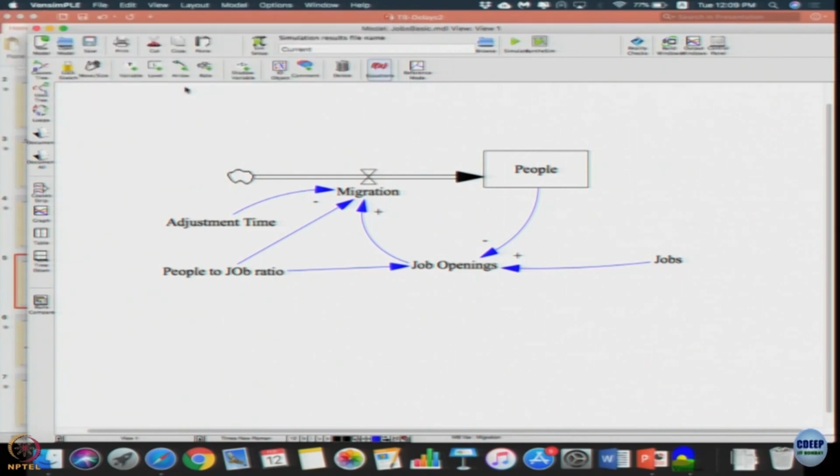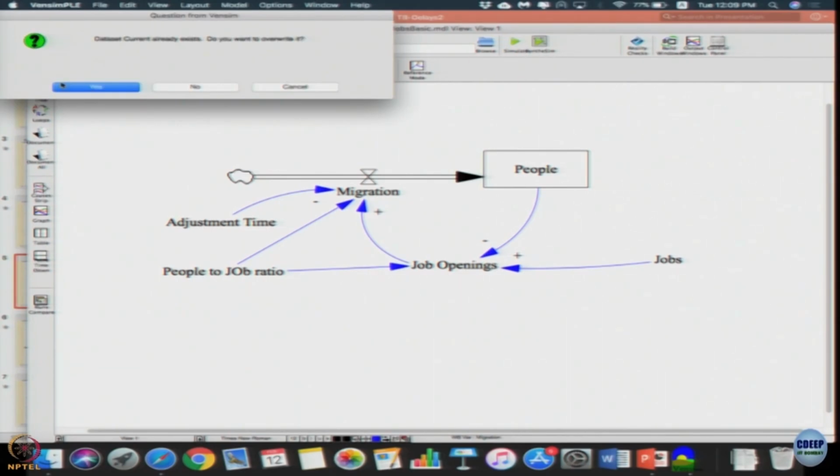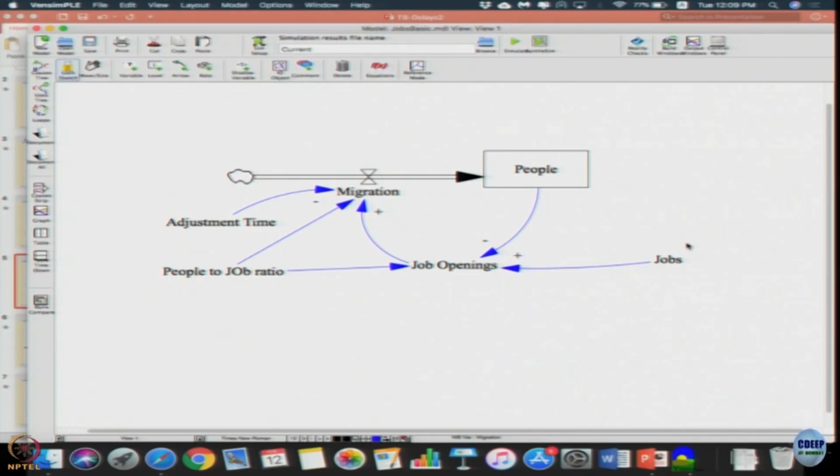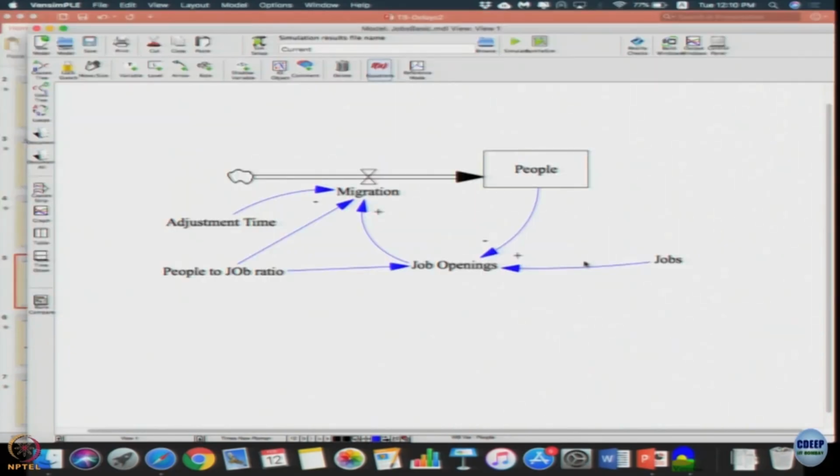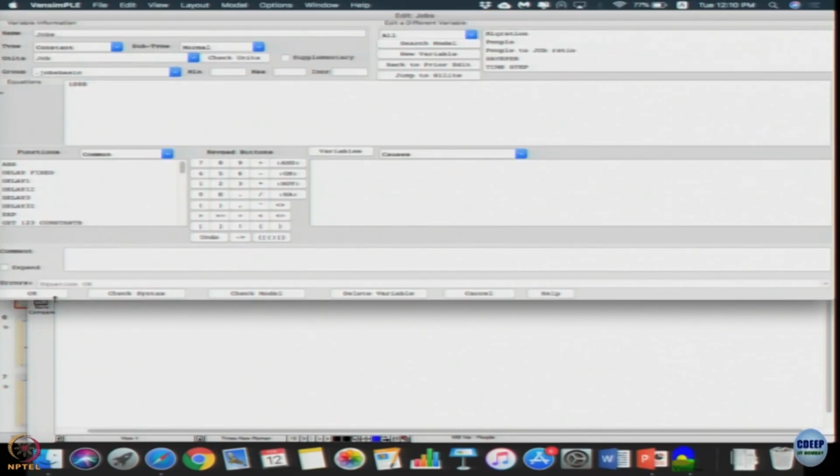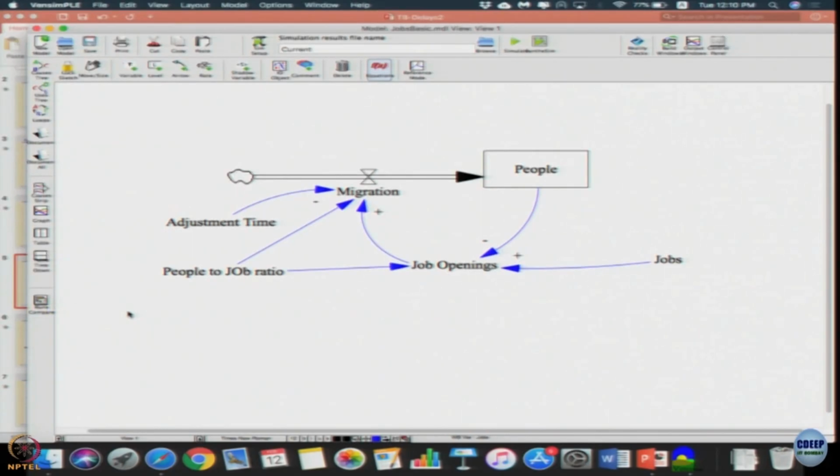Again, when I get one example, I try to use it for a couple of other ideas so that both jobs are done. So, now if I simulate it, what were the initial values? The people initial value was 800 and job value was 1000. Since people to job ratio is 1, it is kind of equivalent. So, I just simulated it.